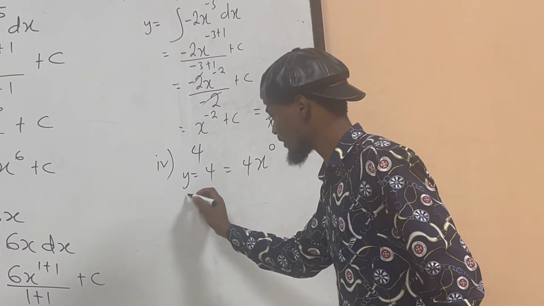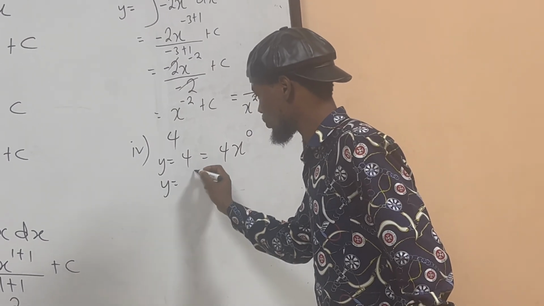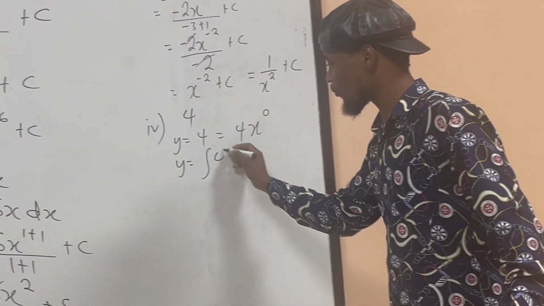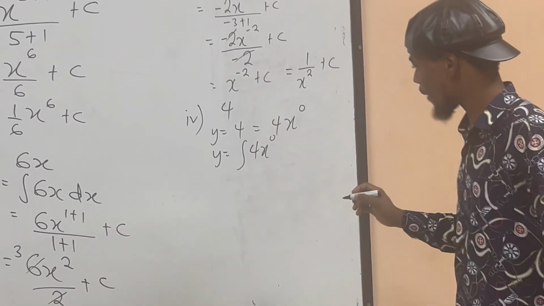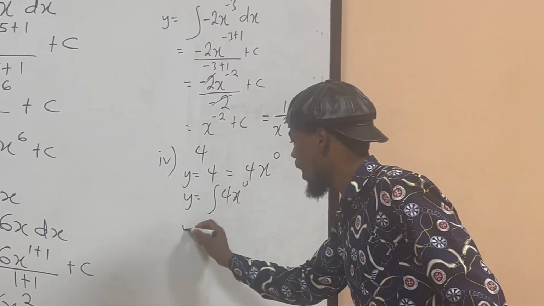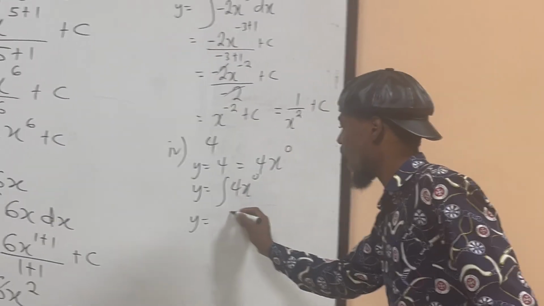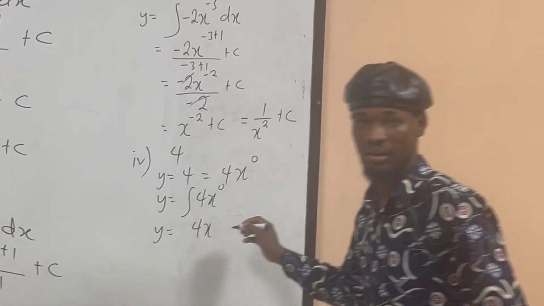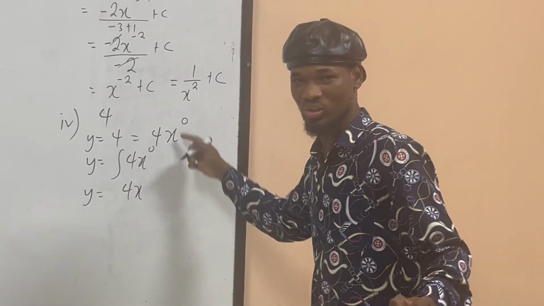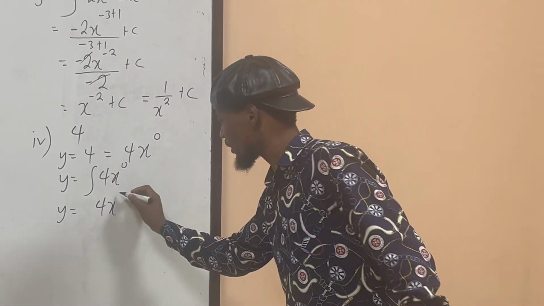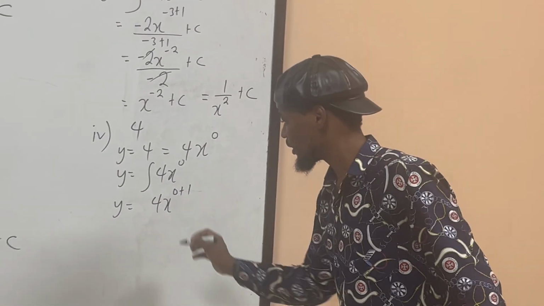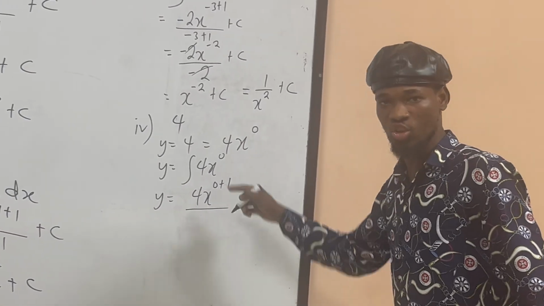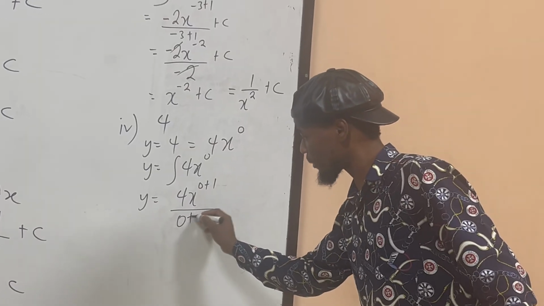So therefore, I can say that y is equal to the integral of 4x to the power 0, which is the same as the 4. What happens is this. We have y is equal to 4x to the power, you add 1 to the original exponent. I have 0 already, I'll add 1 to it. Then you divide this by the new power, which is 0 plus 1.